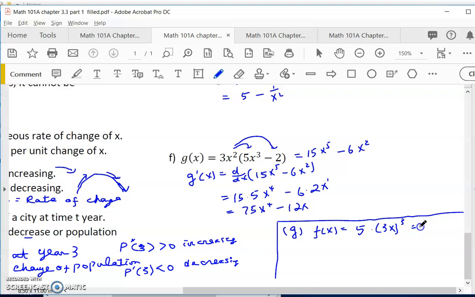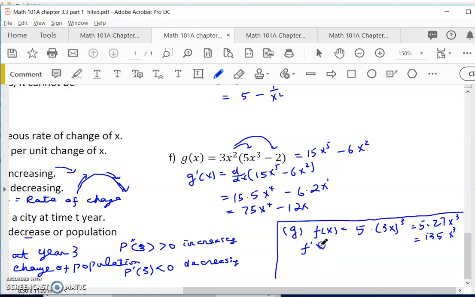This means 5 times 27 x to the third. 27 times 5 is 135. So the function itself is 135x cubed. Now we're ready to do derivatives.